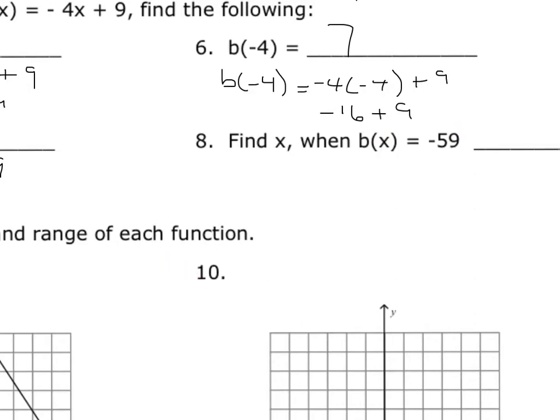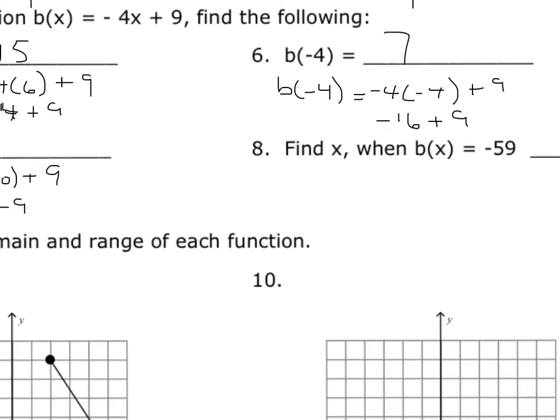So we're going to take the original problem, b of x equals negative 4x plus 9, and we're going to substitute negative 59 in for b of x, because it says b of x is negative 59.